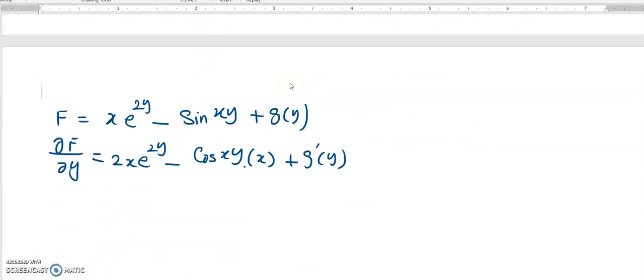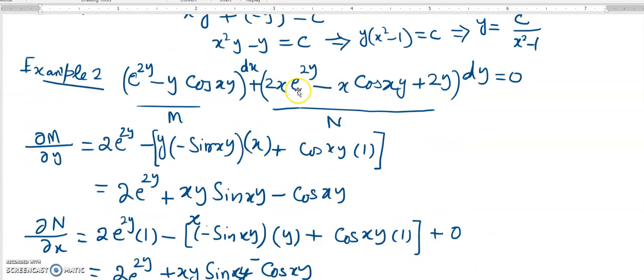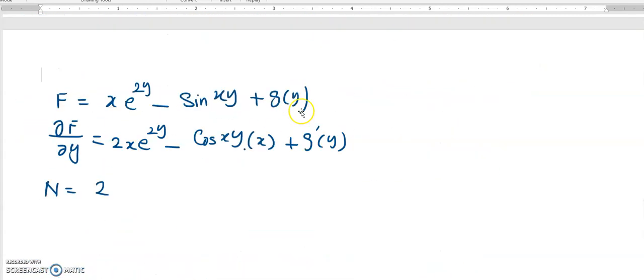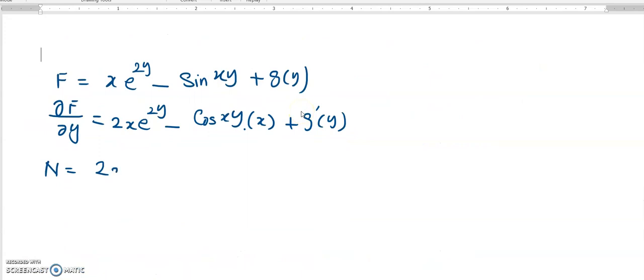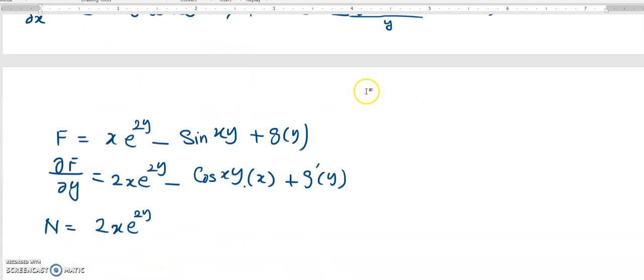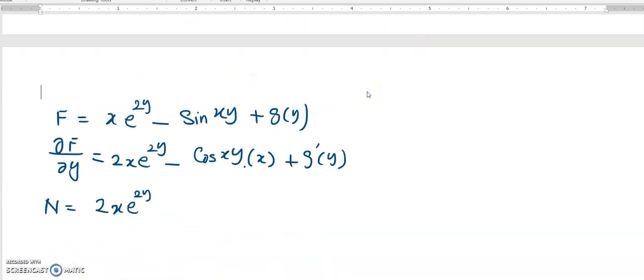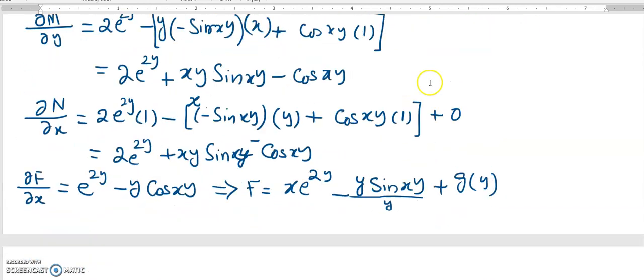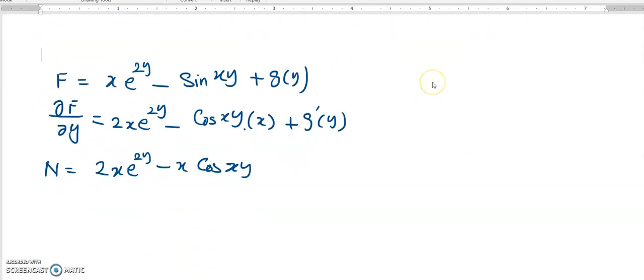So we have 2x e power 2y, and then minus x cos xy, and the last value is plus g prime of y.